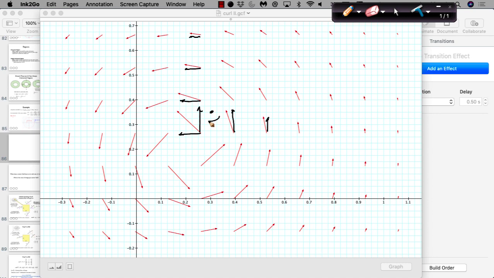When I look at vectors above and below, it indicates clockwise rotation. When I look at vectors left and right, it indicates clockwise rotation. Is the curl positive or negative?